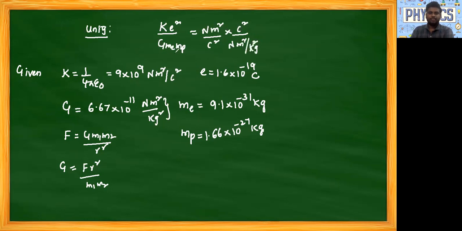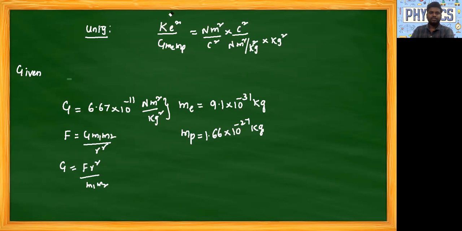Next, m_e and m_p units give kg square. Now check these units: coulomb square and Newton meter square cancel, and the kg square goes up. So we get dimensionless.